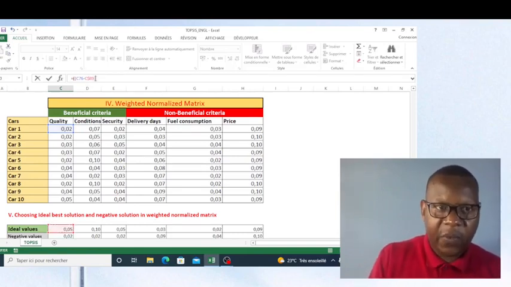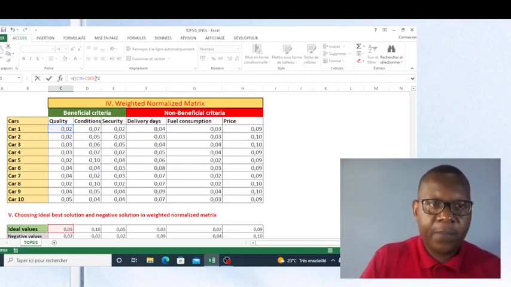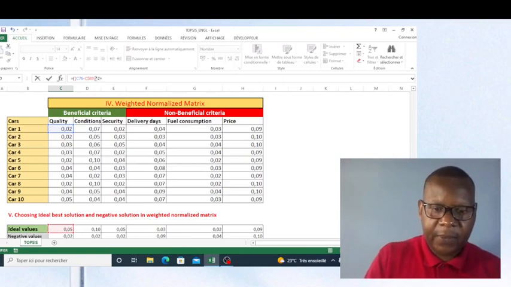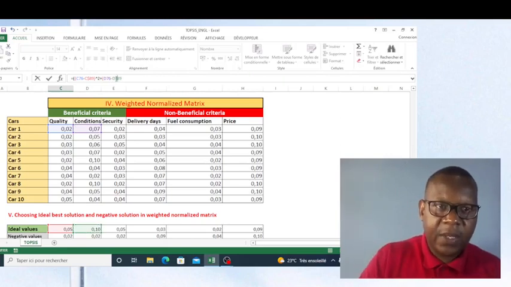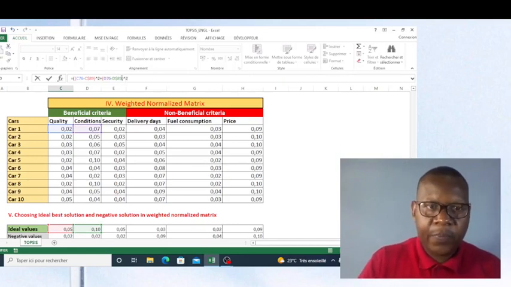I have to raise this to the square, plus parentheses, this value minus this value. I have to fix it. Look, square 2.